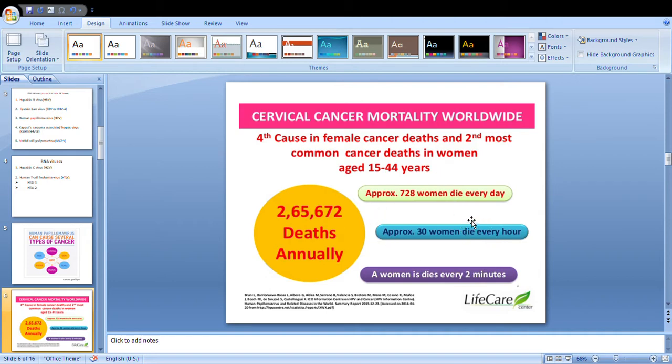The statistics show an alarming situation: a woman dies every 2 minutes. So it is the human papilloma virus causing cervical cancer, and females are at the higher risk. So human papilloma virus is much more important among the oncogenic DNA viruses.